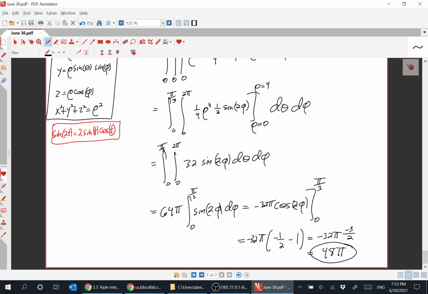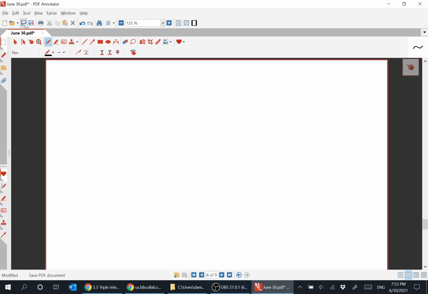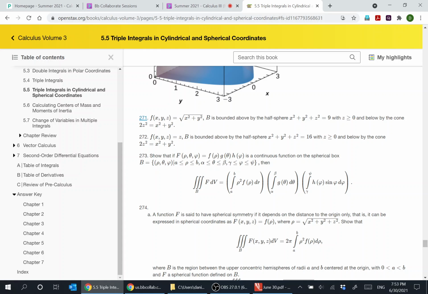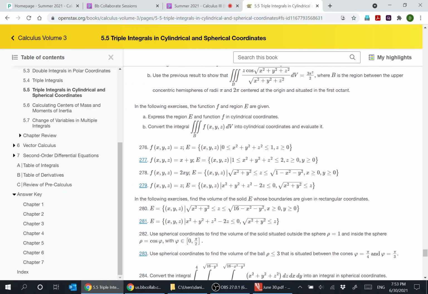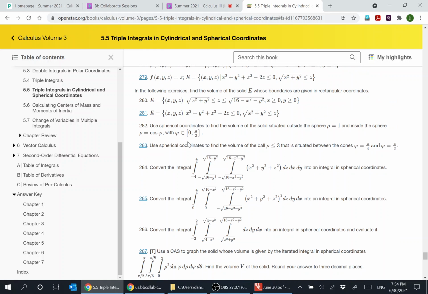286. In the following exercises, find the volume of the solid E whose boundaries are given in rectangular coordinates.